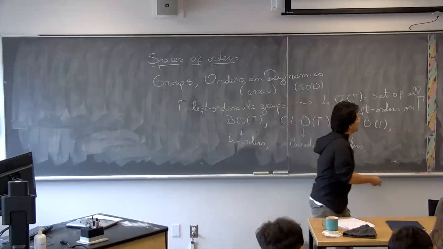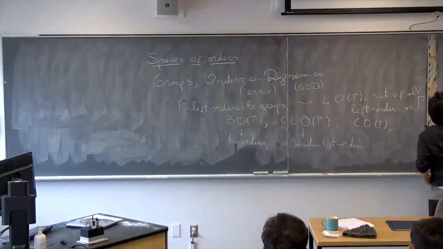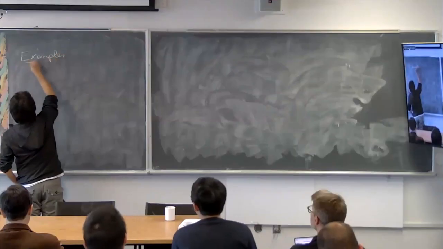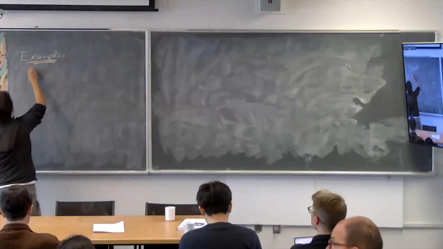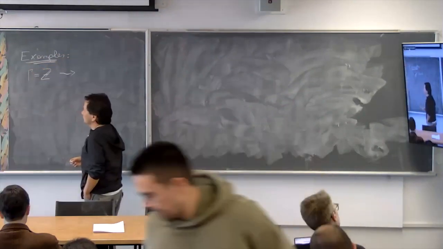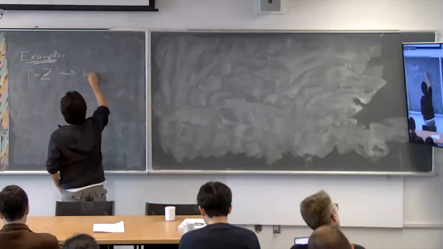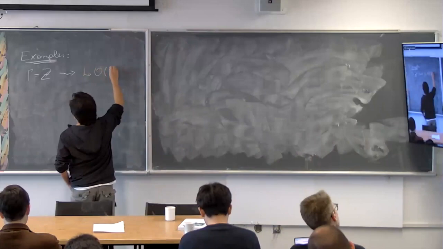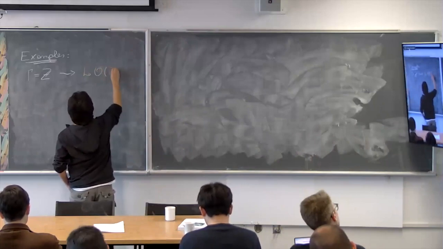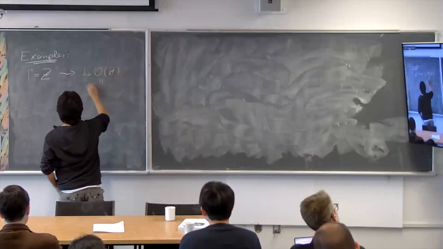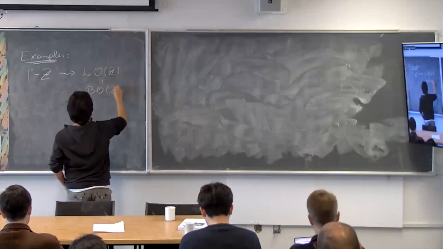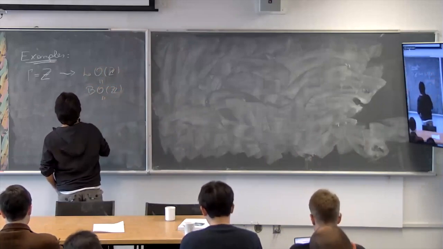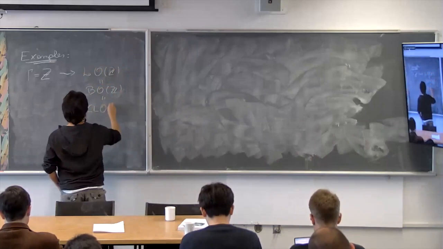So let me give an example. I think Adam already discussed this kind of example. Take gamma equal to Z. This is the simplest example, which is non-trivial. The space of left orders in this case is also the space of bi-orders, and also the space of Conradian left orders.